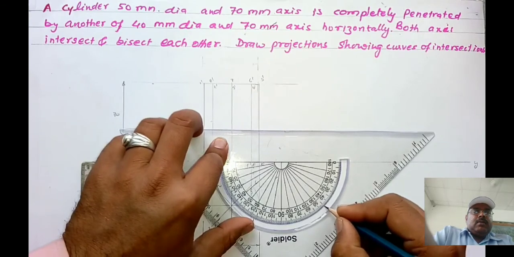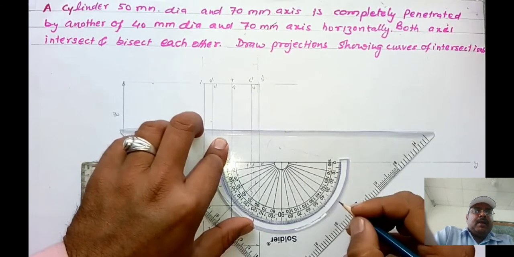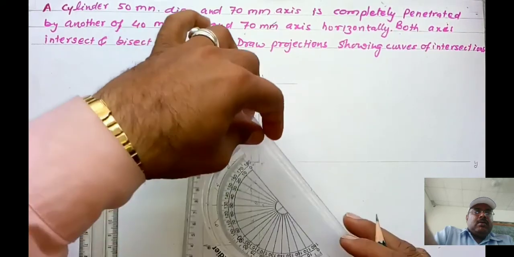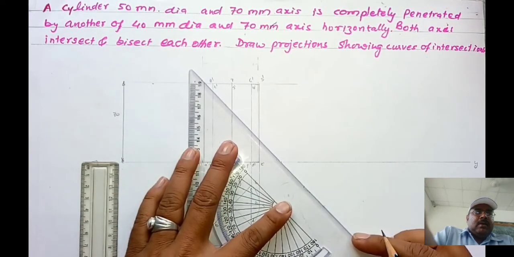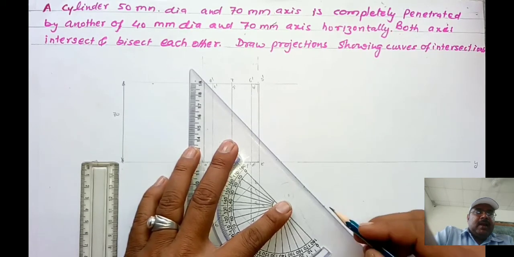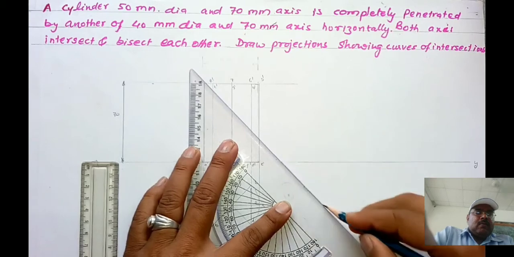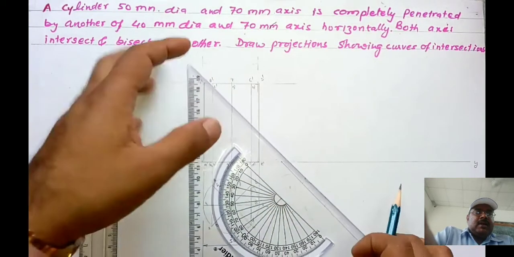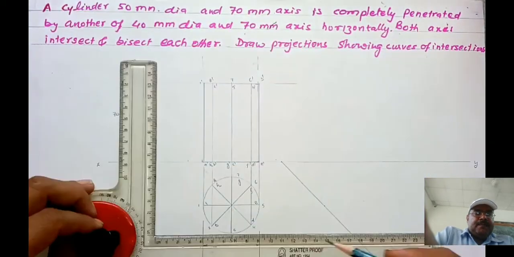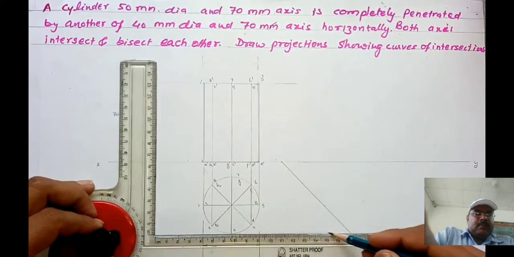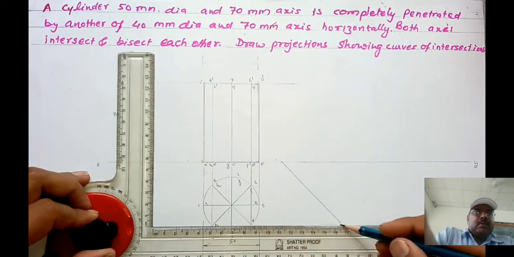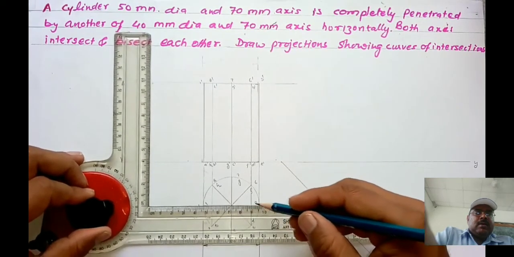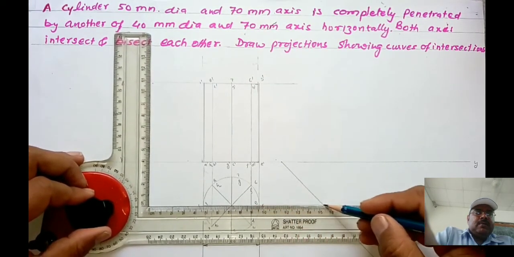Then mark a 45-degree angle below the reference line and draw an inclined line at 45 degrees. Then project all these points on this line as shown in the figure.